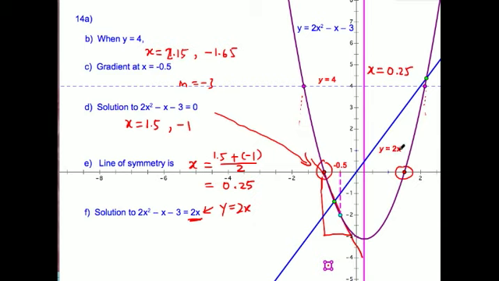So when x is 1, y is 2. So we plot the point (1, 2) and join it to the origin, giving us the line y equals 2x. And once again, the solutions are just the x values at the intersection points. This completes the solutions to the 2003 paper.